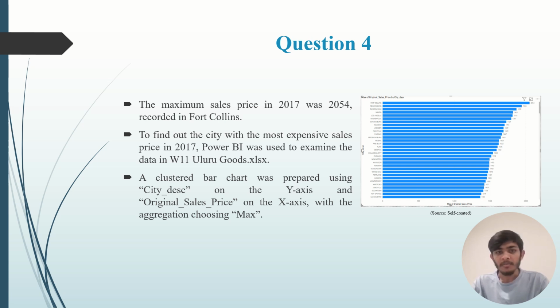The clustered bar chart was prepared using the city field on the y-axis and the original sales price on the x-axis, with the aggregation set to max. Data was filtered to the year field from 2017, so only the transactions for the chosen year were used. It was shown that Fort Collins recorded a peak sales price for 2017 at $2,054.